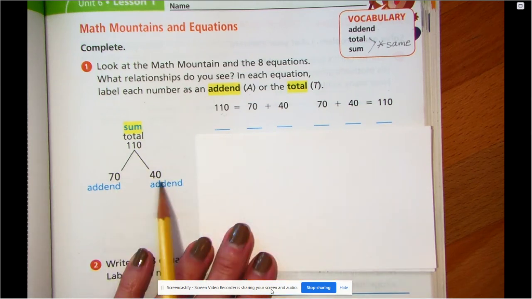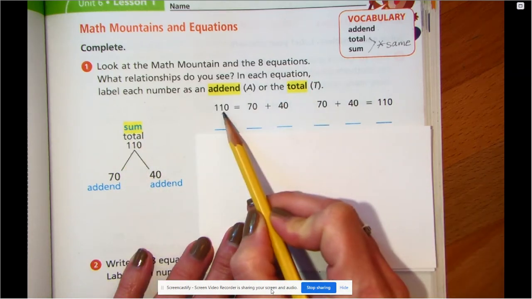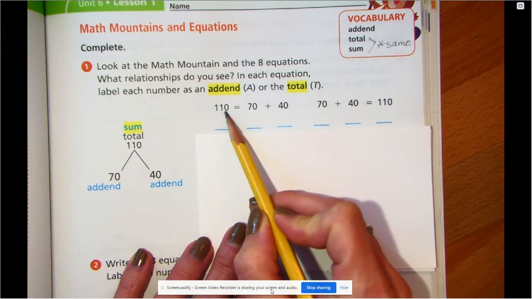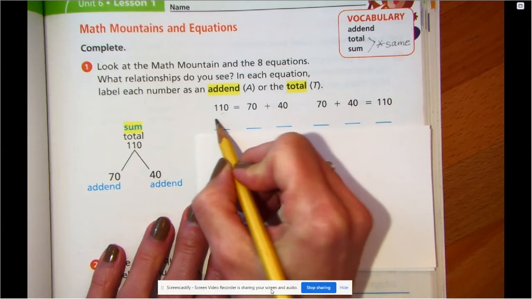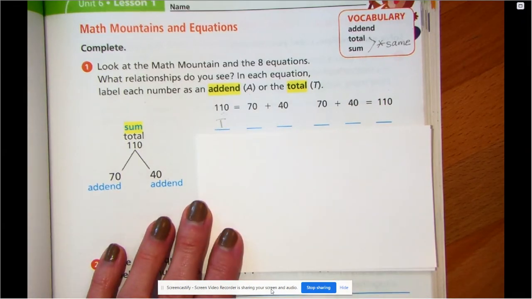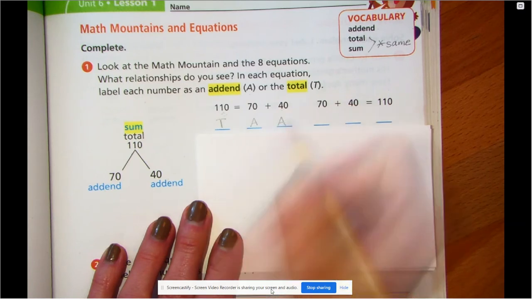The 2 numbers at the bottom are the addends. Those are the numbers we combine to get the sum, right? So over here, you'll notice they start right here with the sum, or with the total of 110, because that's what's on top. So we're going to label this T for total. Okay, then these other 2 numbers are the addends.